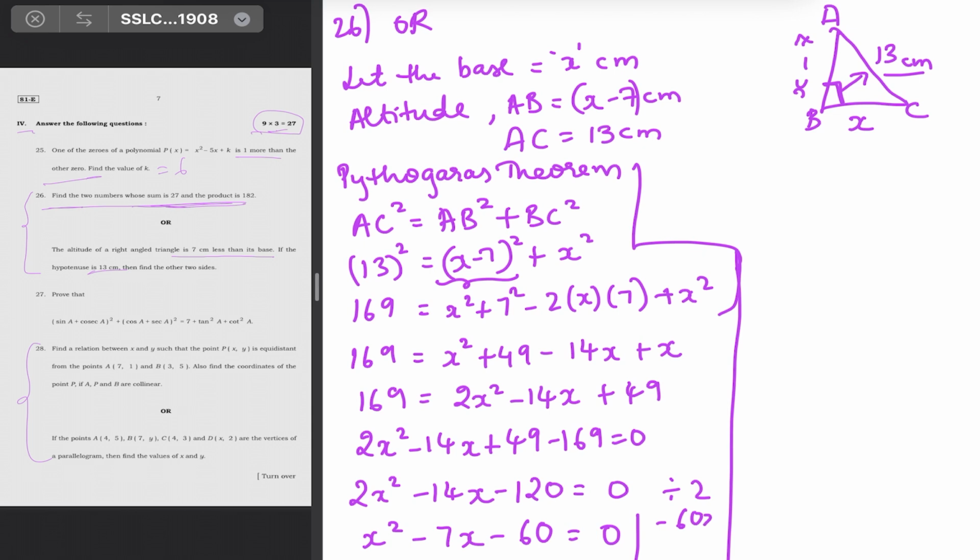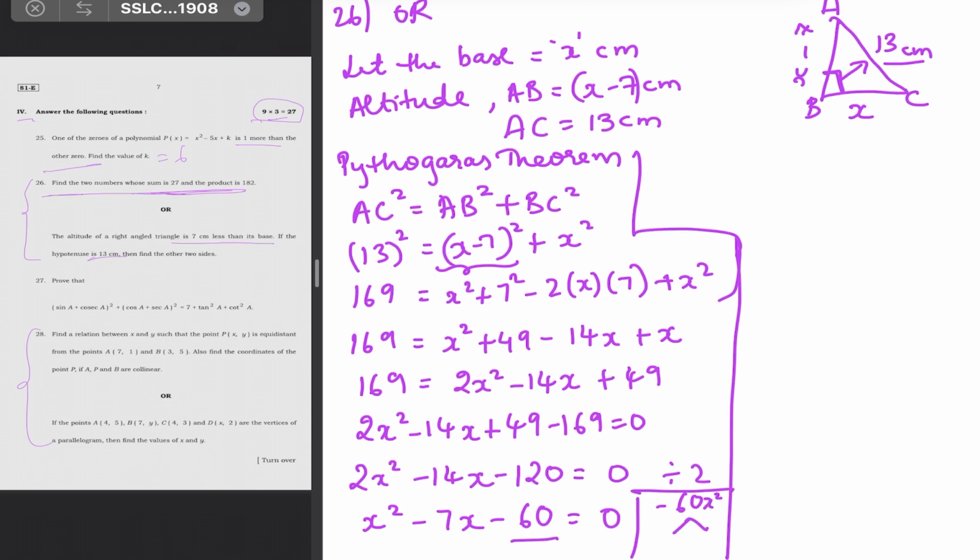Now the factors of minus 60x square: when we multiply, we have to get minus 60x square, and on simplifying, we should get minus 7. 12 fives are 60, so 12x into 5x gives 60x square. Since I need negative here, the greater number takes the negative sign. Minus 12x plus 5x.